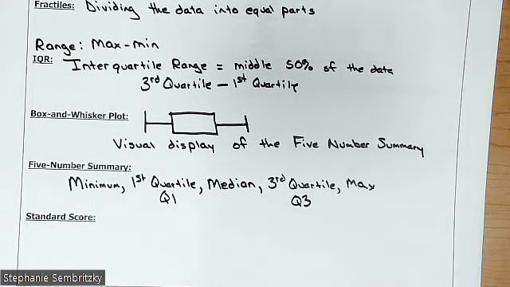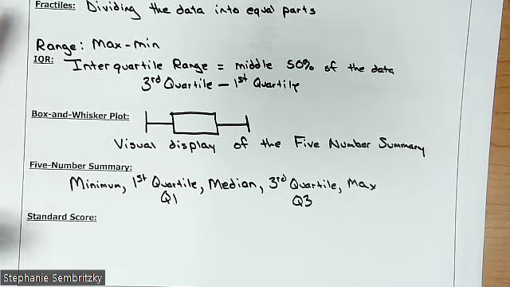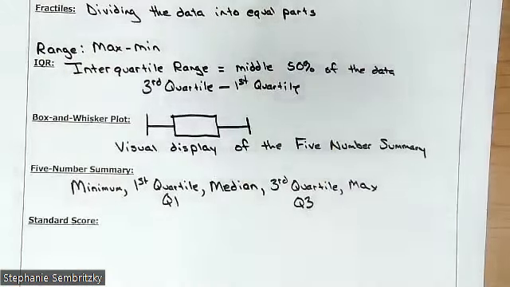So just some notation. Now, standard score, we'll probably stop and do that one tomorrow. But standard score is, hold on, I want to make sure I get my wording right on this one because I said it weird the other day.